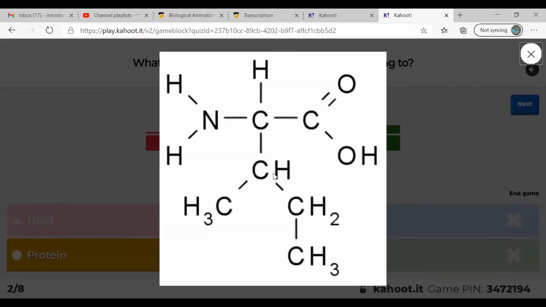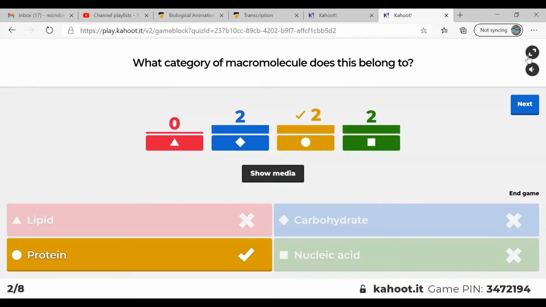On the left we have the N for nitrogen, NH2, that's an amine group. On the right of that I have a C and 2 oxygens and a hydrogen, that's a carboxylic acid group. So this is an amino acid. Like I said, I told you this one would be hard, and maybe we'll do another quiz next week if we have time. But something you will need to do is study these for the test.